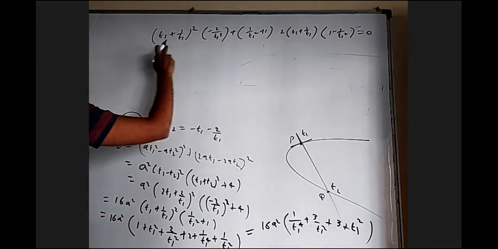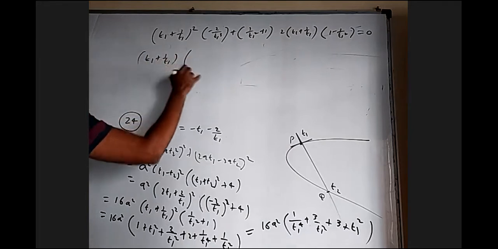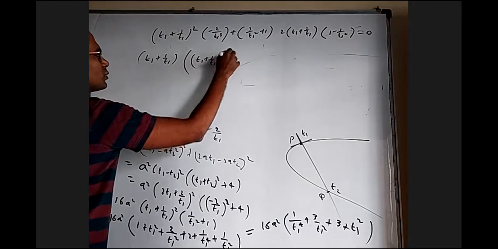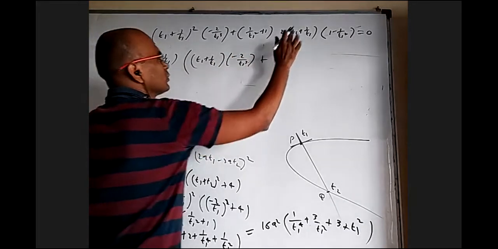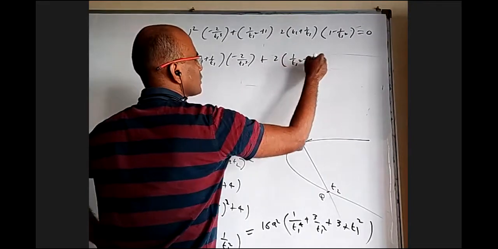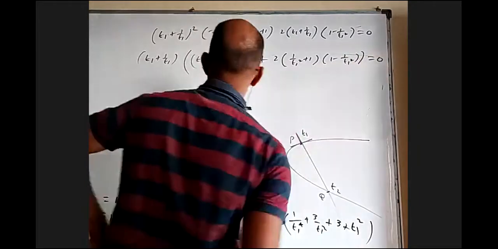Okay, I can take T1 plus 1 by T1 common. That can't be 0. So I'll be left with (T1 plus 1 by T1) into minus 2 by T1 cubed, this is common, so 2 into (1 by T1 squared plus 1) into (1 minus 1 by T1 squared) equal to 0.